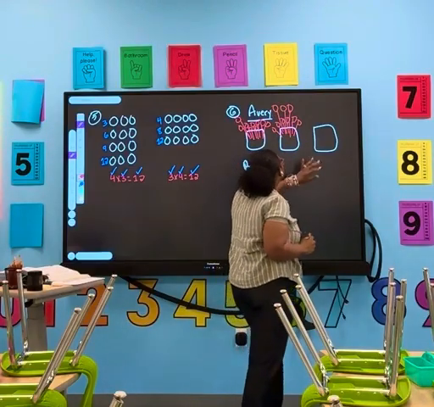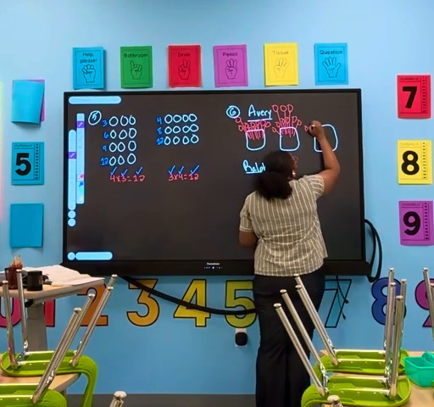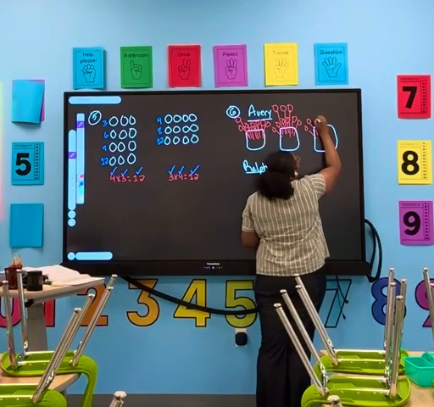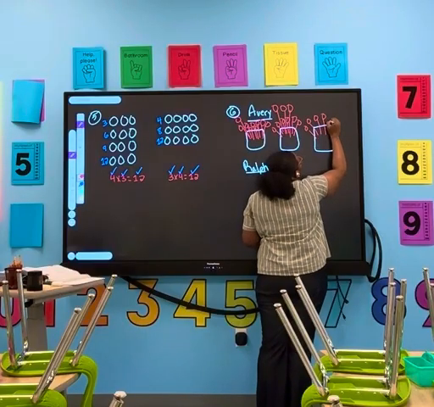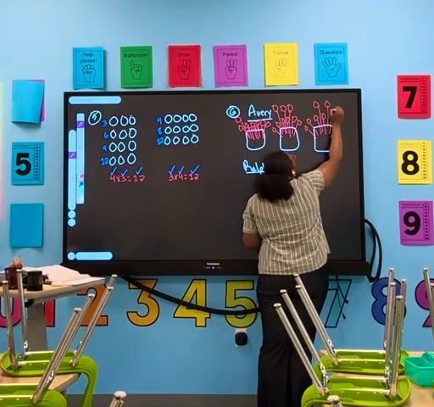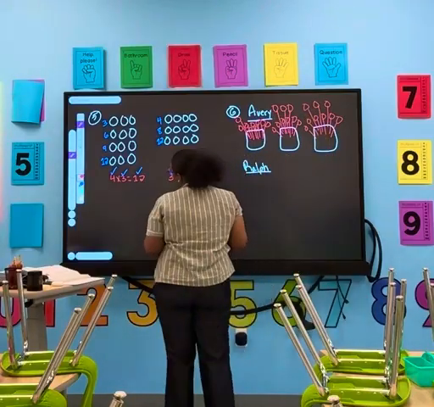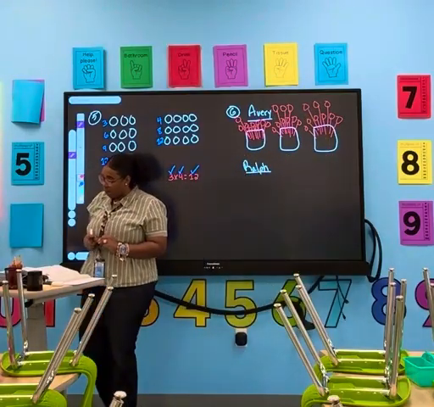Okay, let's put her 9 flowers in this one. 1, 2, 3, 4, 5, 6, 7, 8, and 9. So each basket has Avery's 9 flowers.